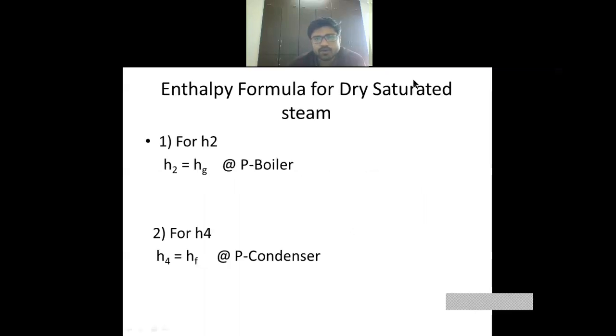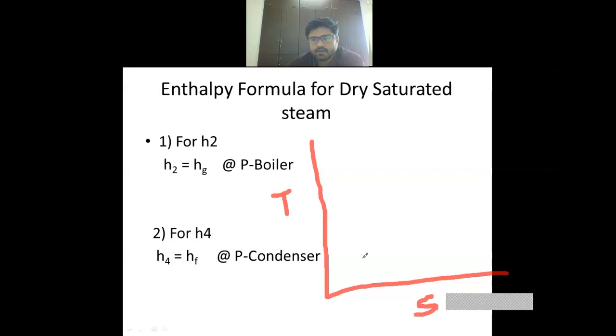Clear? So you all know what is saturated condition. Suppose this is our TS diagram. In that, we all know this is our point number one.